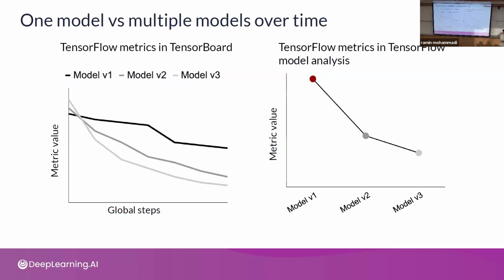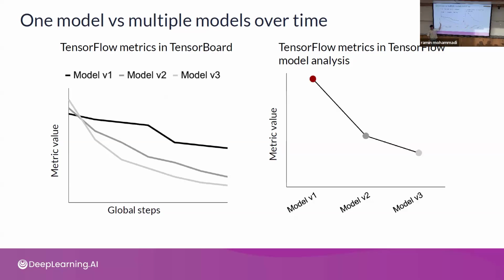Now, we say that there's TensorBoard, and there's TFMA. What's the difference between these two? A good example for comparison: the one on the left is TensorBoard. TensorBoard is good when you have streaming data, like a model is training or running, and you have multiple models and you want to compare those.